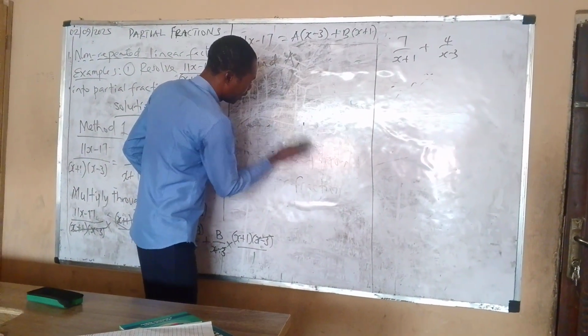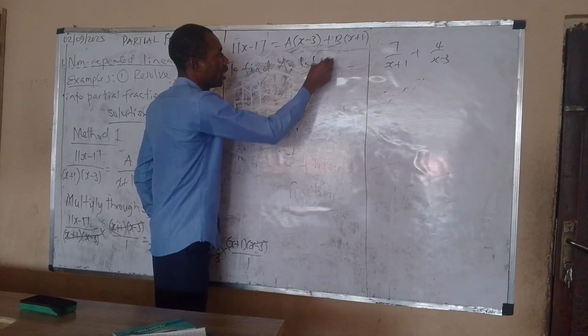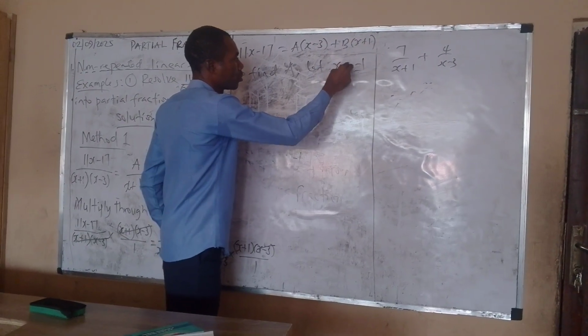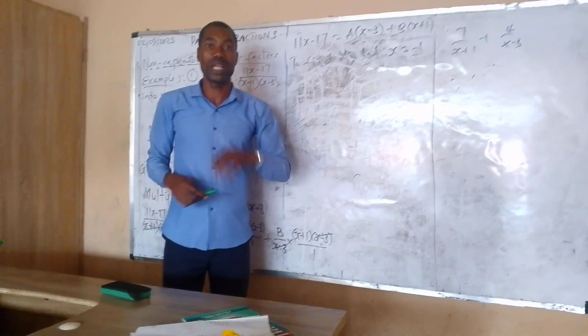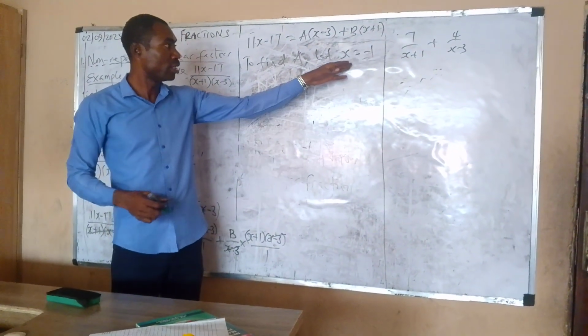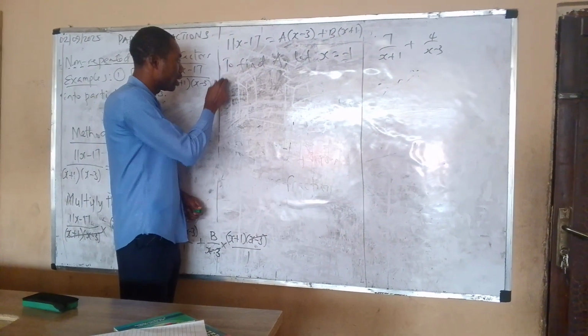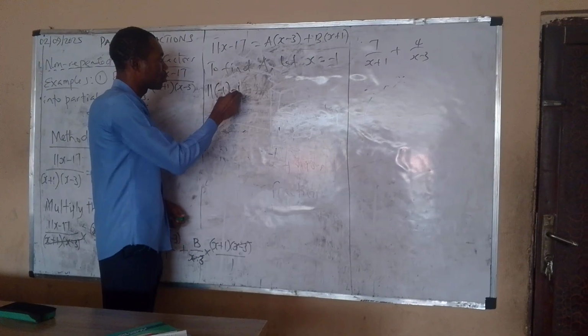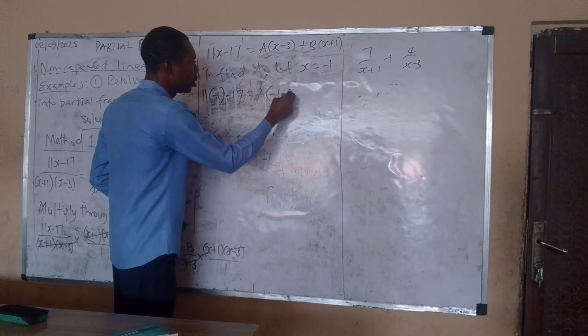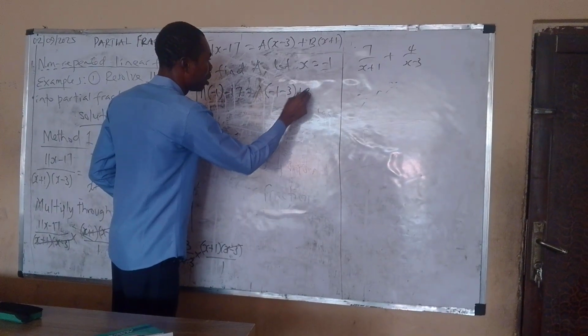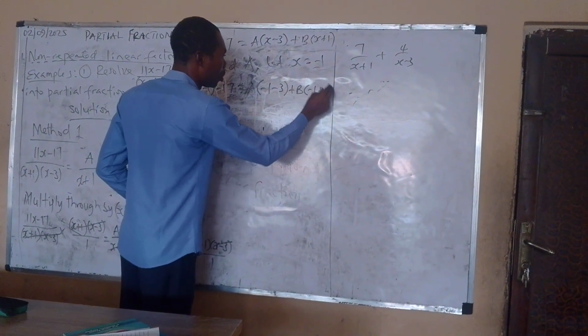So to find a, I will say let x equals minus 1. So anywhere I find x in this equation, I put minus 1. That is what this simply means. This will give you 11 into bracket minus 1 minus 17 equals a into bracket minus 1 minus 3 plus b into bracket minus 1 plus 1.